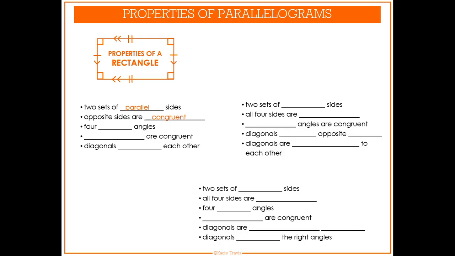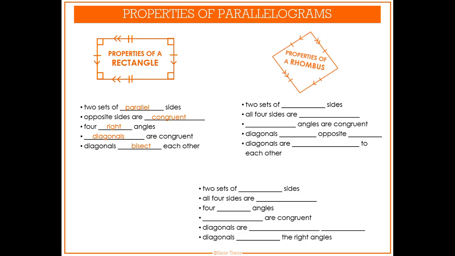Our opposite angles and opposite sides are congruent. And we have four right angles in here. Our diagonals in this shape are going to be congruent and they bisect each other. So the diagonals in this shape not only bisect each other, they're also congruent. And all of our angles are right angles.